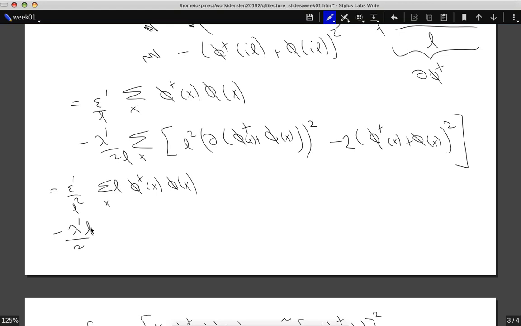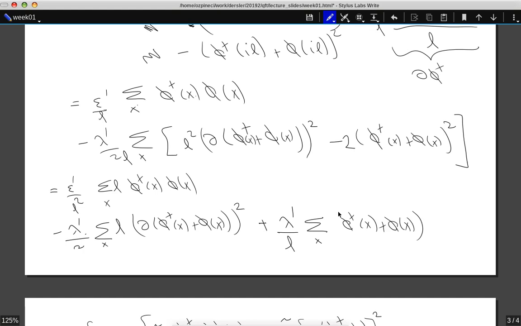Minus lambda prime over 2L, lambda prime over 2 sum over x of L derivative of phi dagger of x plus phi of x squared, plus lambda prime over L sum over x phi dagger of x plus.